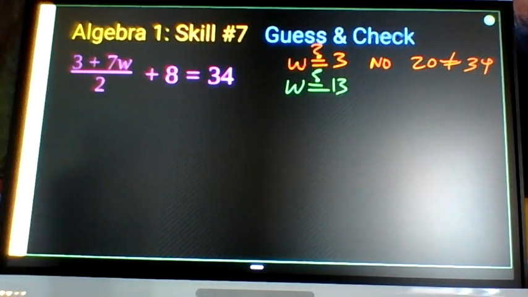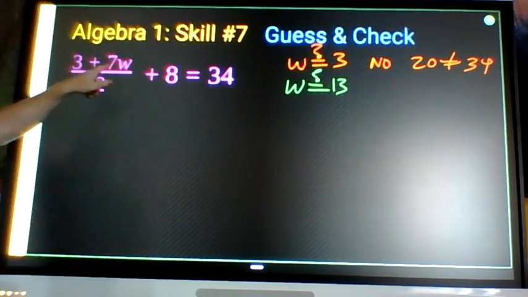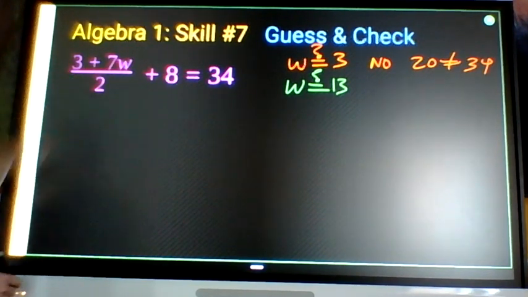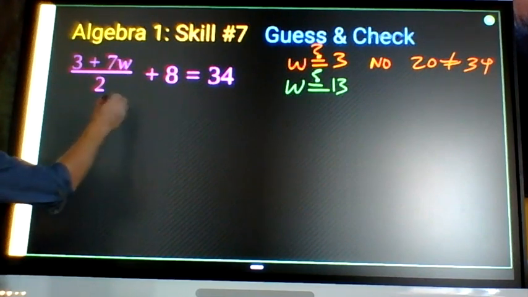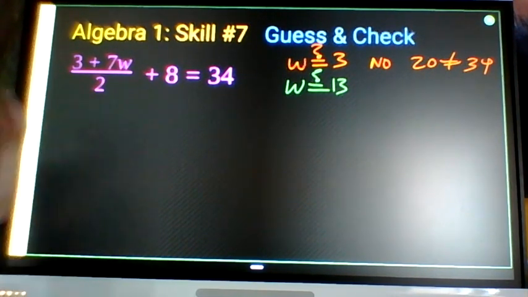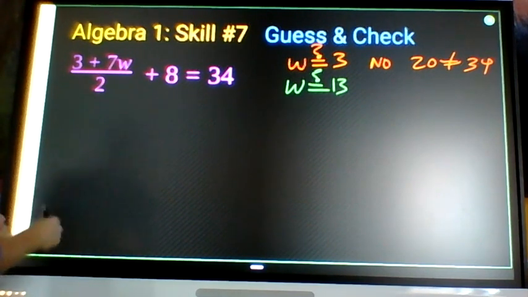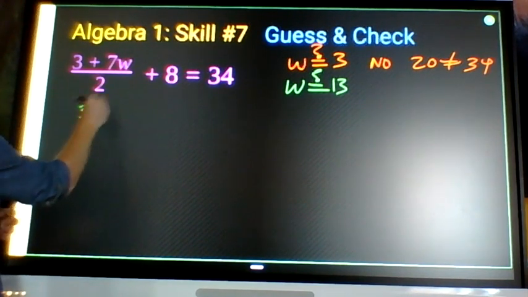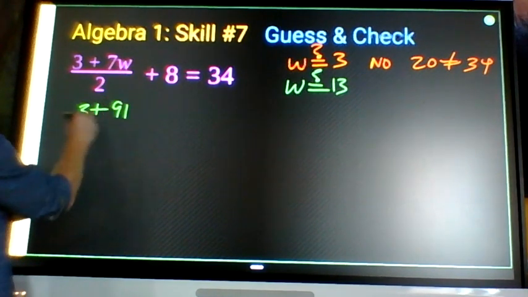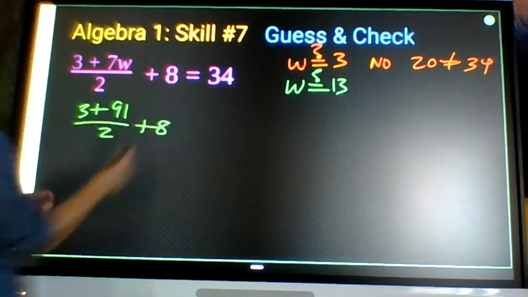7 13ths is a big number. 70 and 21 is 91. 91 plus 3 is 94. 94 divided by 2 is 46. Can't keep track of all this in my head, so I'm going to have to write some of it down. All right, 3 plus 91 on 2 plus 8.